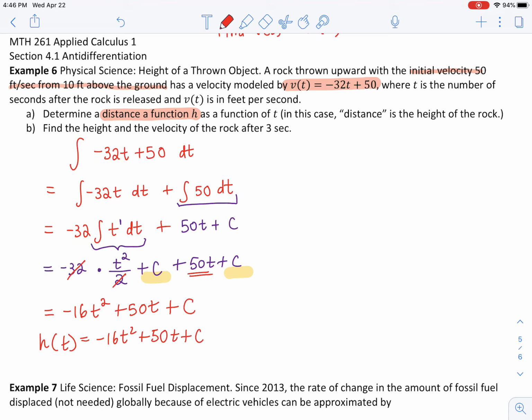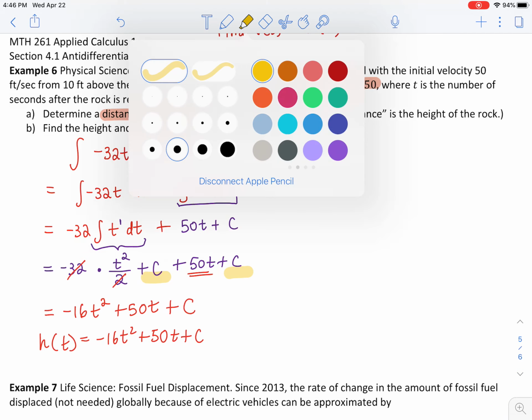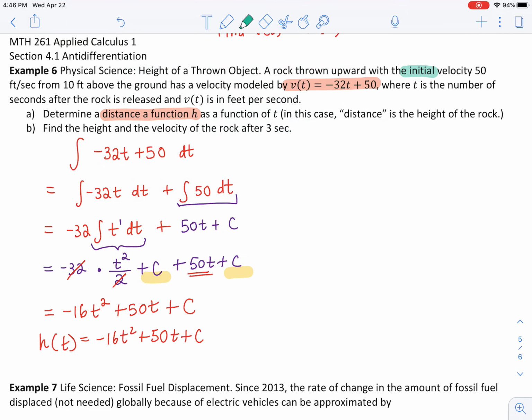Now, this is the height function, or they wanted us to call it distance function, so I'll call it distance function. So h of t is negative 16t squared plus 50t plus c, simply by evaluating that indefinite integral.